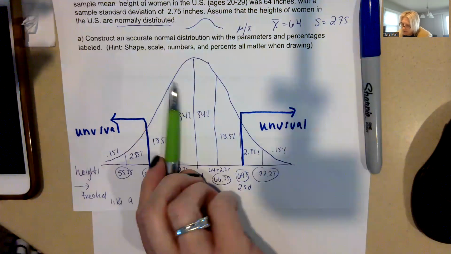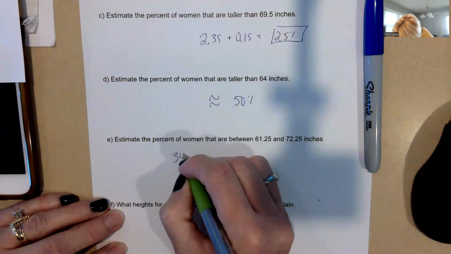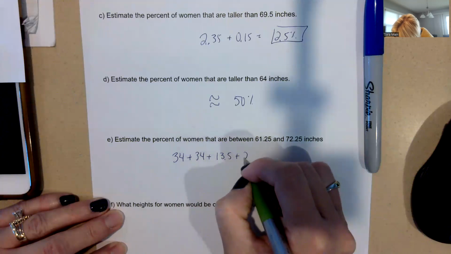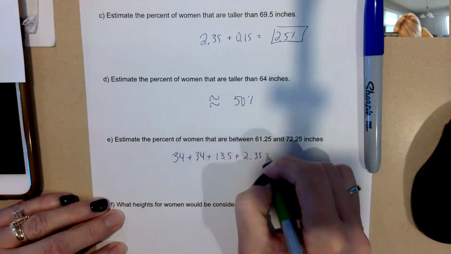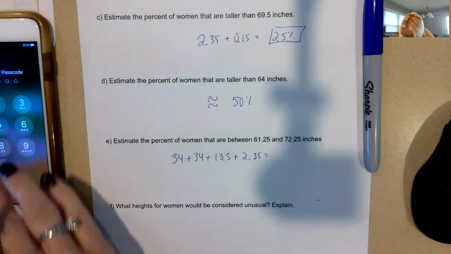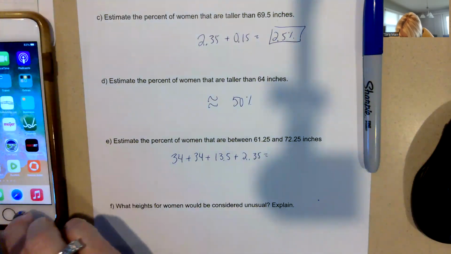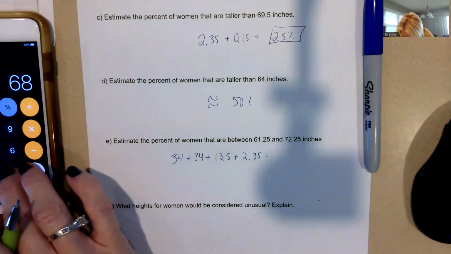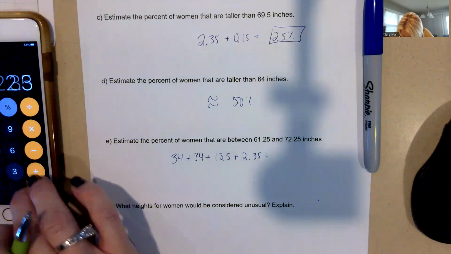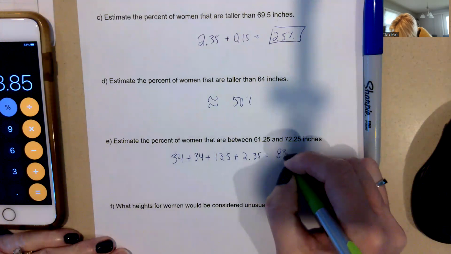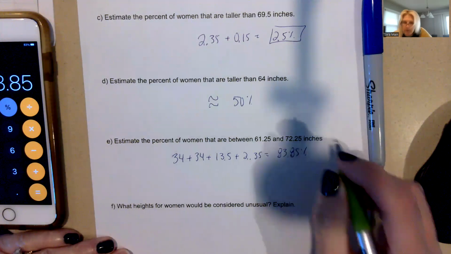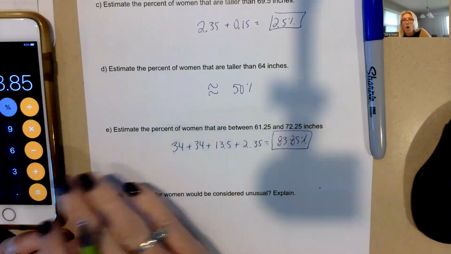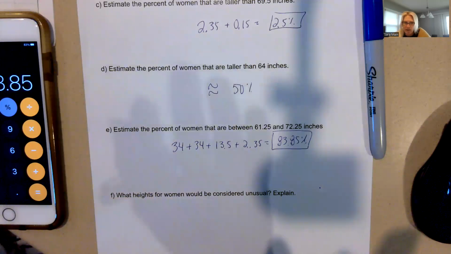Let's add those. 34 plus 34 plus 13.5 plus 2.35. So this is 83.85%. Just make sure that you are marking and not using all of the space. That little tinge out on the right, we're not including.